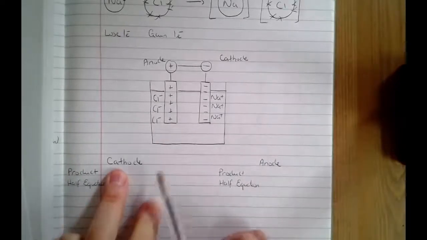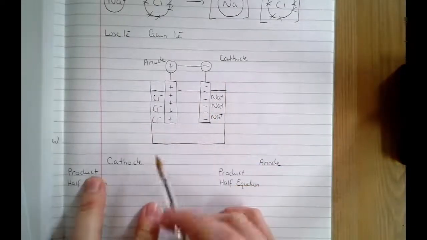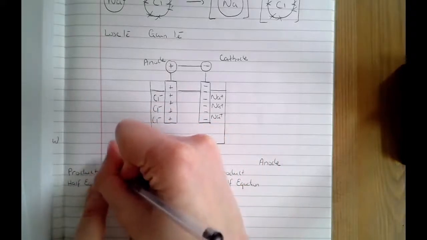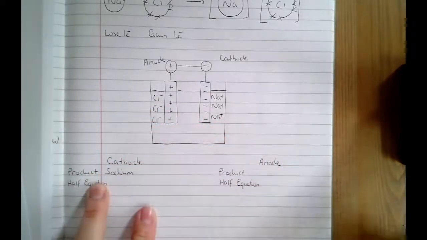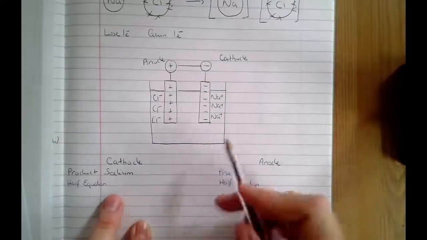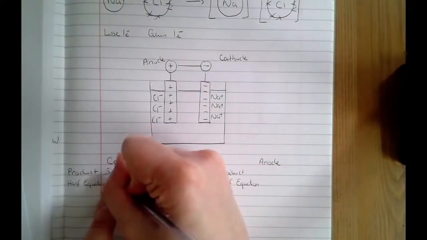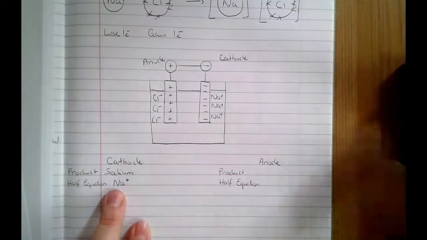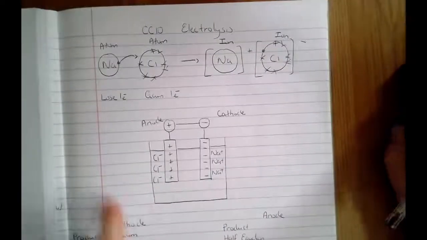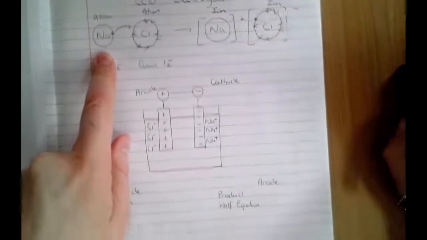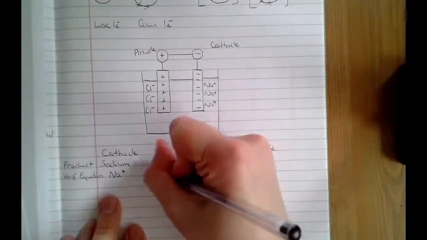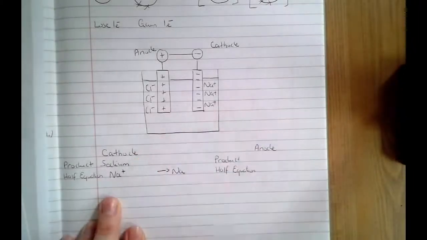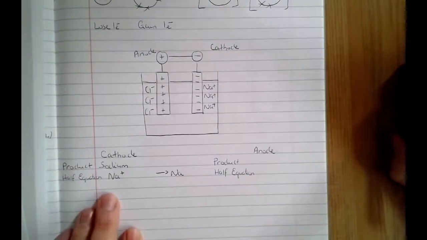So we've already seen that at the cathode, the product is going to be sodium, but we didn't show exactly how that would happen. At the cathode, we've got an Na+ ion, and we want to get back to just normal sodium, a sodium atom with all of its electrons.